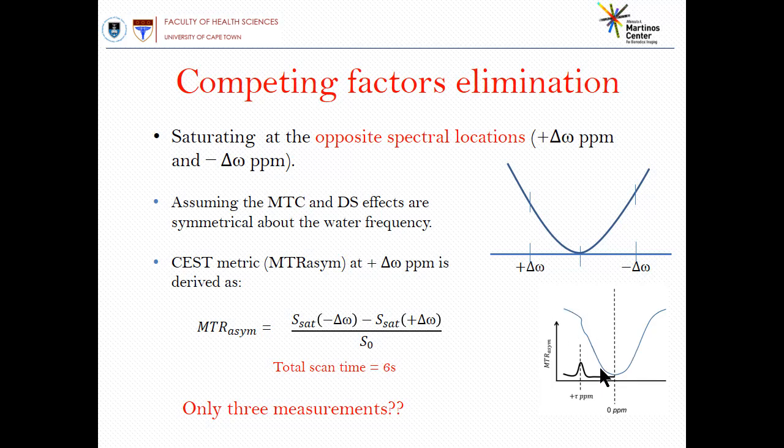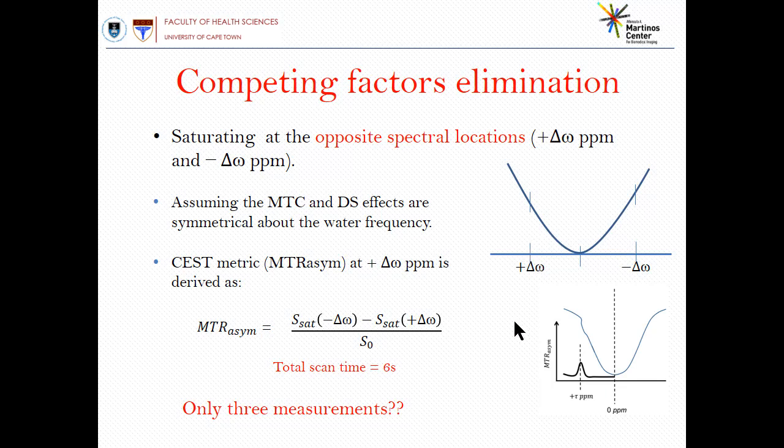So we can trace the molecule by drawing the CEST curve, and in this case we will need 3 measurements. One measurement at the saturation frequency, one at the opposite spectral location, and one without applying any saturation, and it will take a total of 6 seconds.